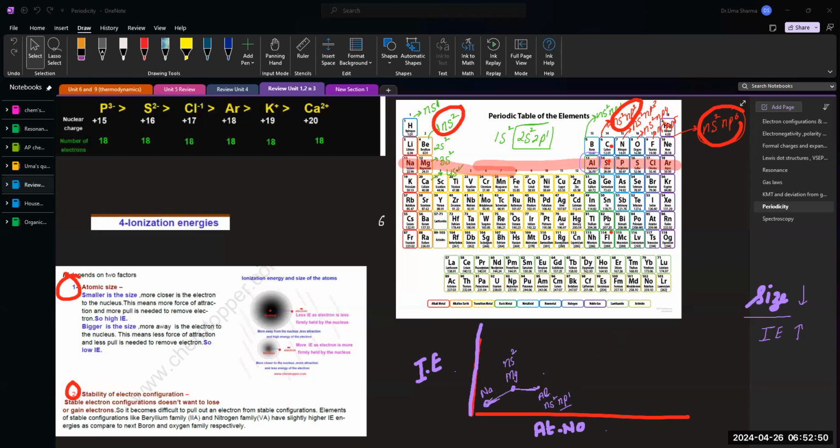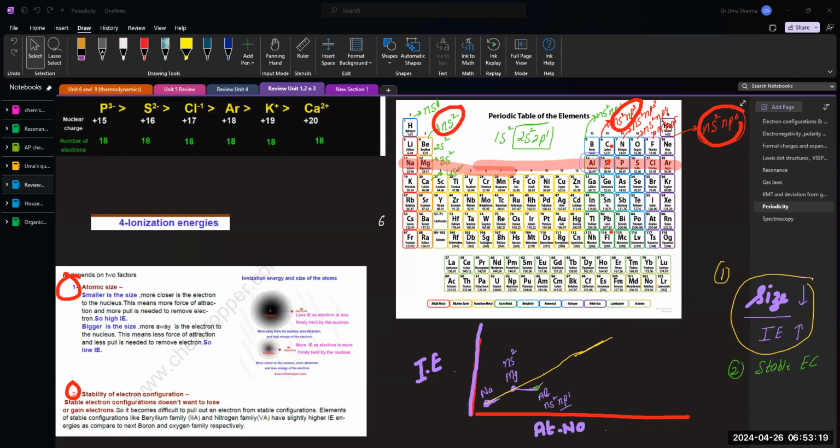Yeah, definitely. Sodium is bigger in size also, Aditi. Remember, I said the trend should go like this. This yellow is the regular trend, based on size. But then we have stable electron configuration.